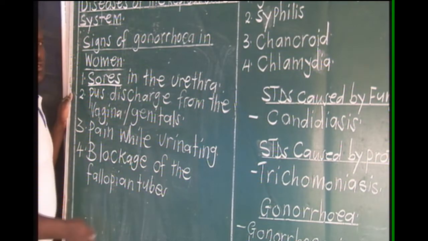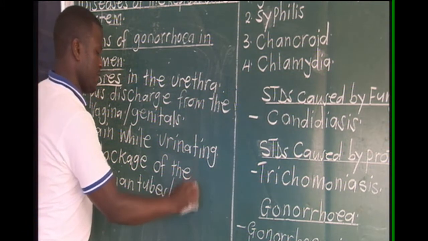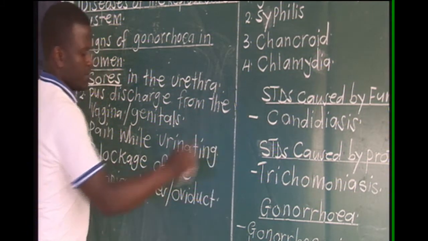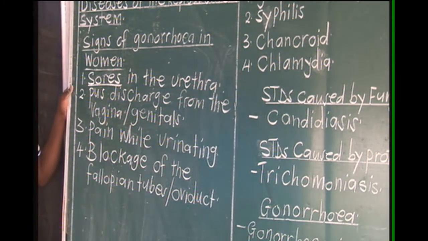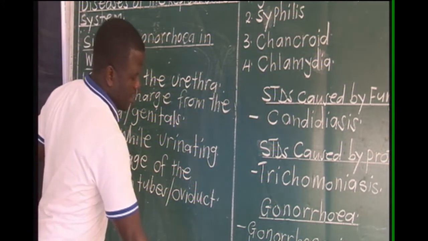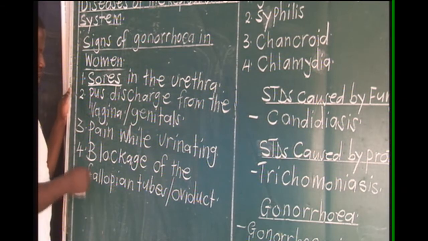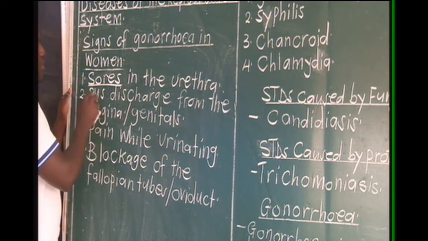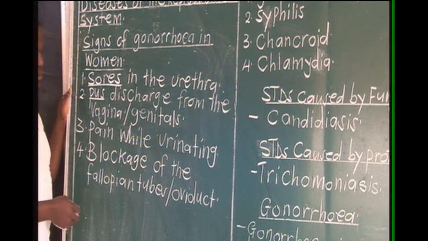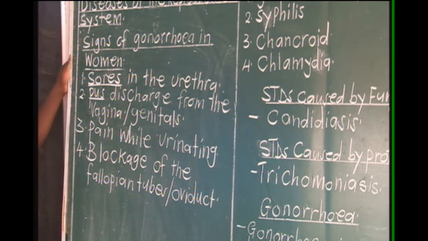These fallopian tubes are also known as oviduct. So they get blocked. What blocks them is the pus. And that's why some women fail to become pregnant when they have gonorrhea, because this pus blocks the fallopian tubes. We looked at the function of the fallopian tubes and where they are located in the reproductive system.